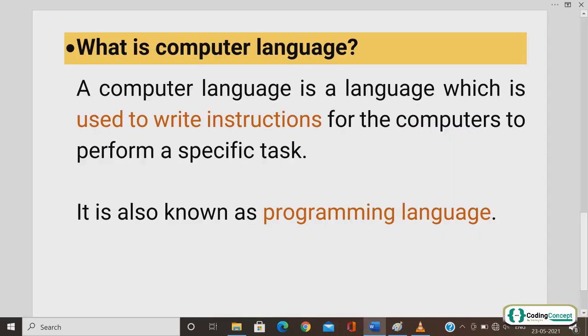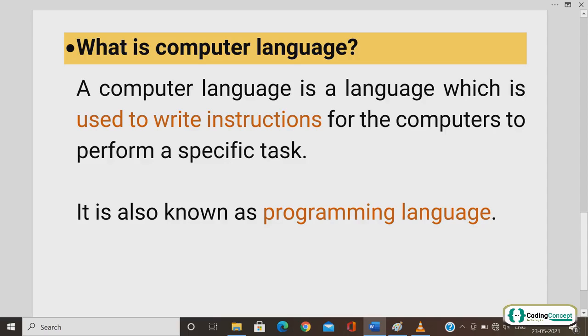Similarly, here also, the computer understands only a particular type of language, not a language like English. Just like English is a medium of communication, a language for human beings, for the computer there is a particular type of language which is used to write instructions.